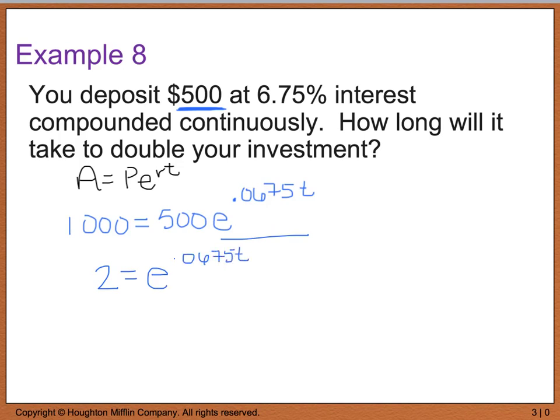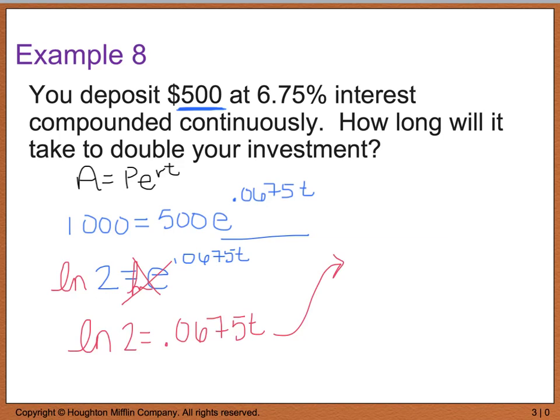Now I need to get rid of this e, and to do that I need to take the natural log of both sides, which is going to cancel that out. So then I'm left with the natural log of 2 is equal to 0.0675t.